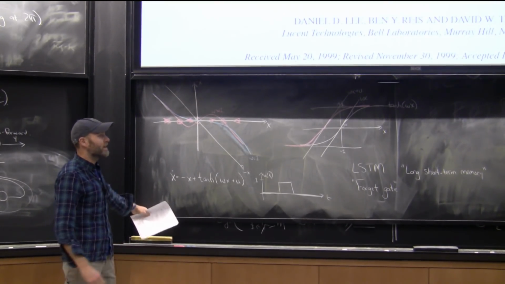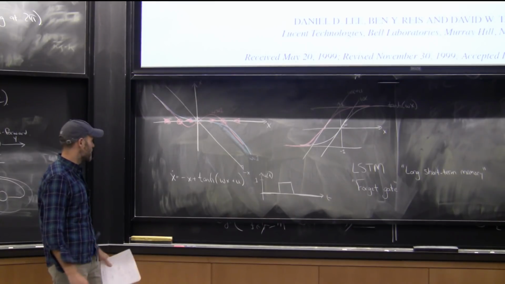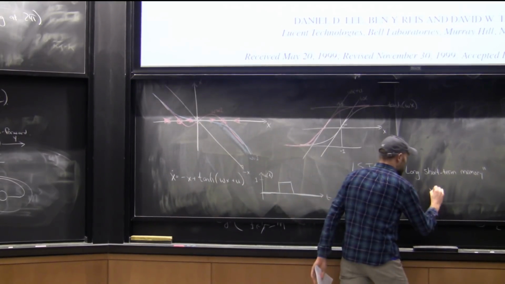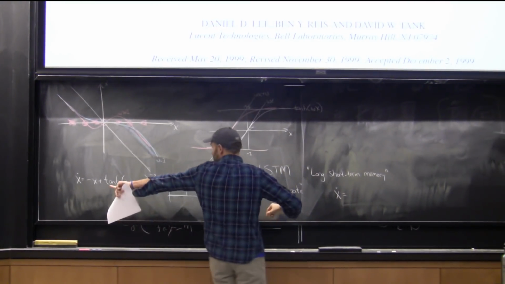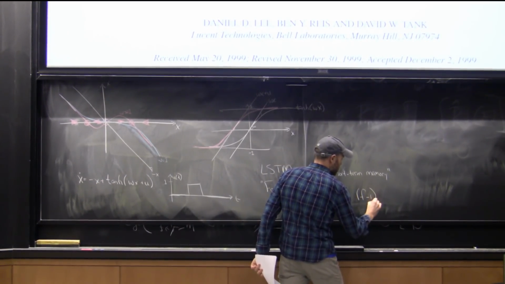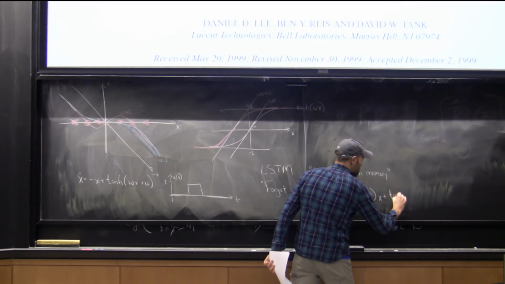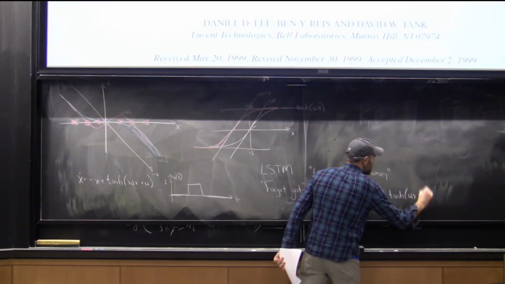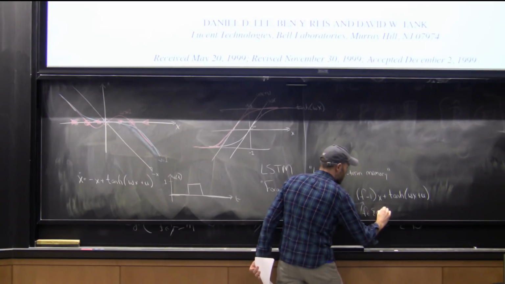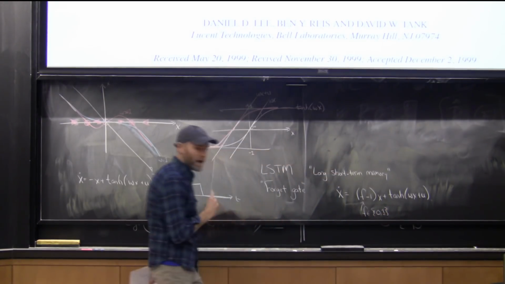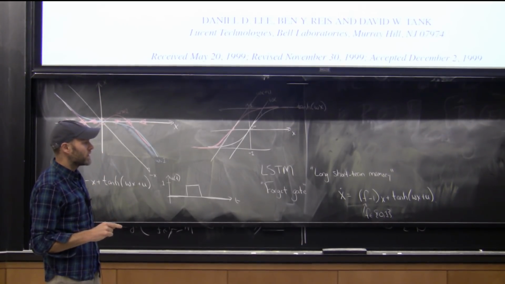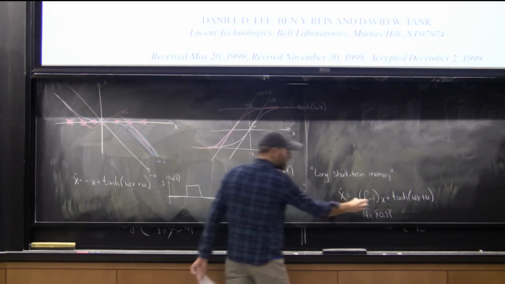So the forget gate, again, it looks like Swedish Chef, but roughly the forget gate, I'll write it over here, is something that turns off this negative x. So you can look at it as f minus 1 times x plus tanh, where you think of f as being either 0 or 1. In practice, it's implemented with another sigmoid, but basically, if f is 0, then you've got the original equation I have here.